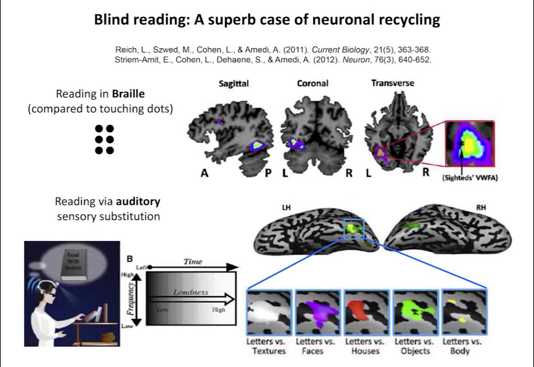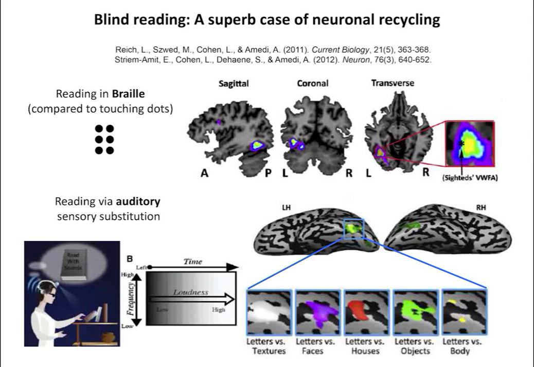After a few weeks, they can do this, and once they can do this, you can scan them with fMRI while they listen to the sounds, but the sounds can depict letters, or can depict faces, or houses, or objects, or body parts. And what you find is that there is an amazing form of specialization in the visual cortex. Although they are only listening to the sounds, they interpret them as visual stimuli, as pictures, they activate the visual cortex, and furthermore, they activate specifically the visual word form area when they are reading, when they are recognizing letters.